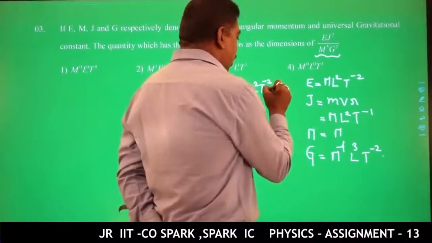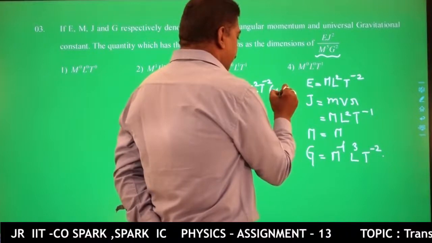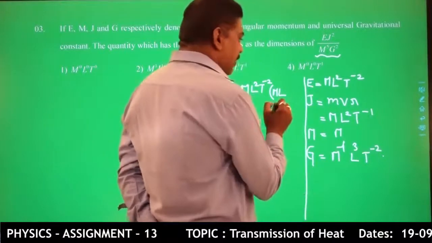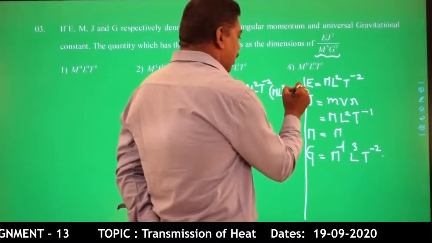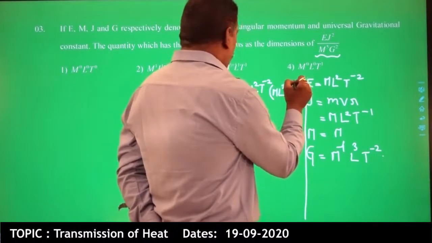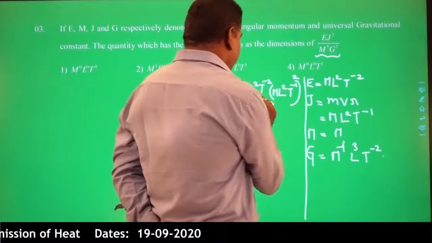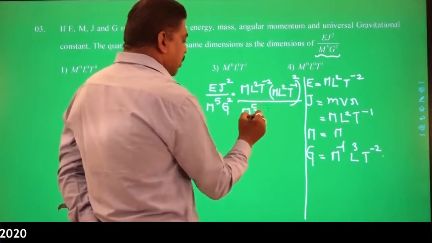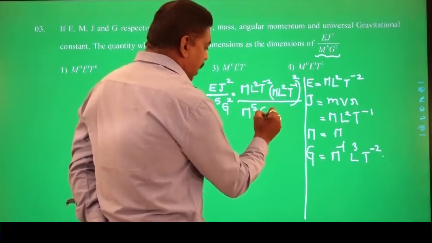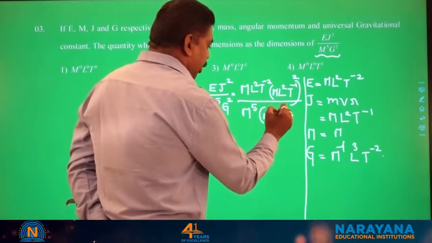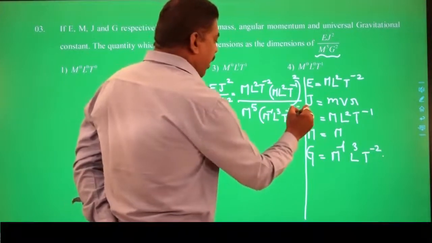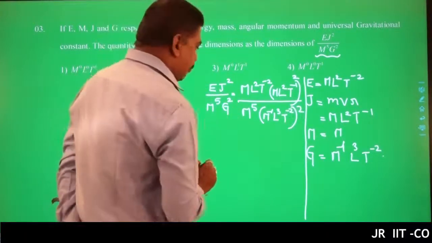You are having M L square T power minus 1, whole square, it is. Whole divided by M power 5 as it is, but G you are having as M inverse L cube T power minus 2, whole square it is. Is it clear, beta? Okay.